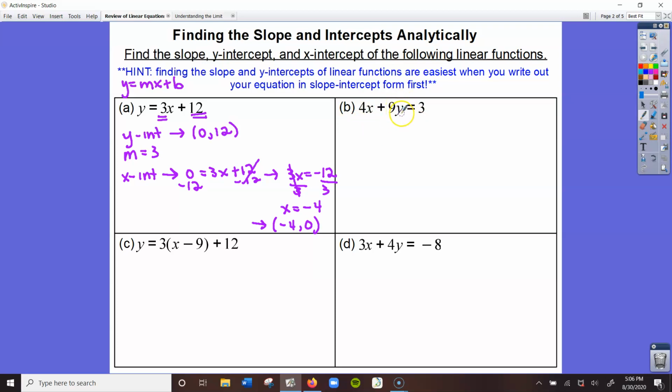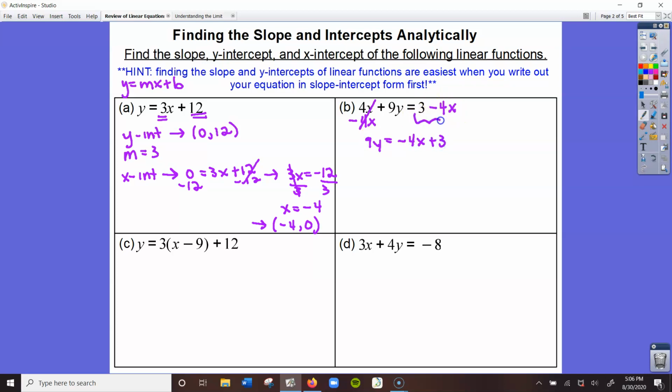Now when you're working with equations, you're going to want to work from your outside in so that you can isolate that y value. This is the part that is farthest away, so I'm going to subtract this over to the other side. So my equation right now will read 9y is equal to negative 4x plus 3.